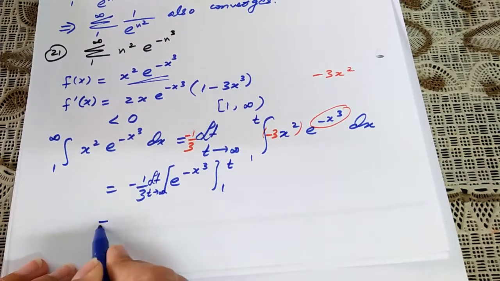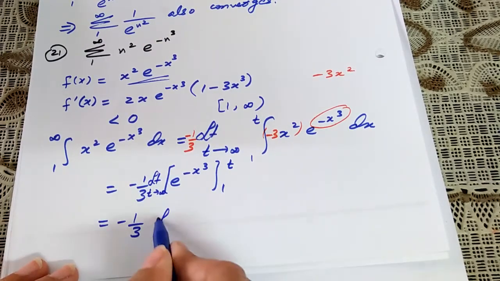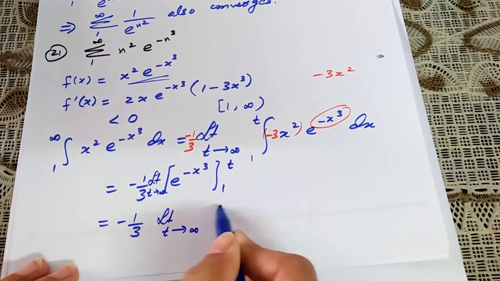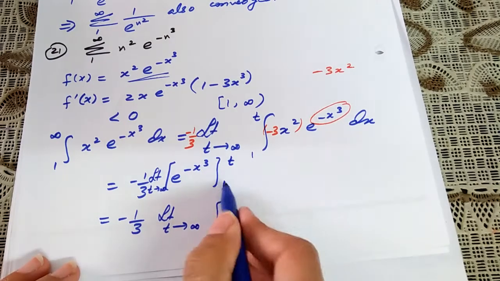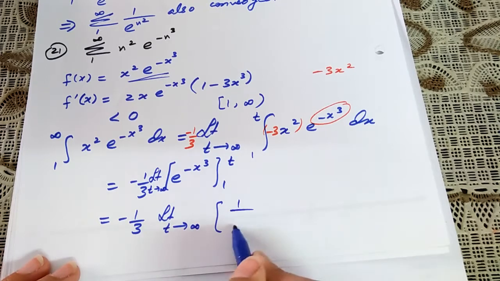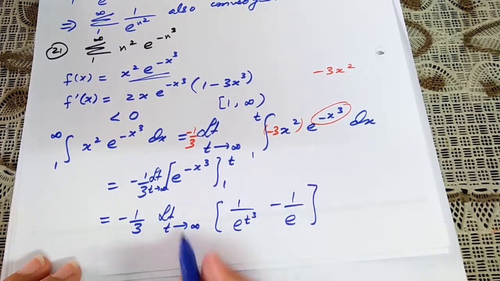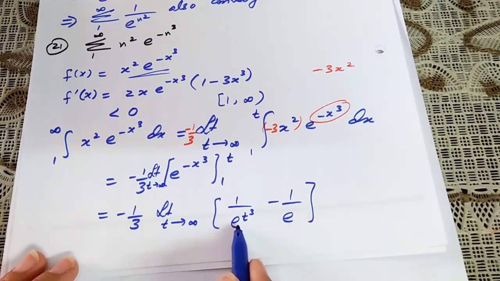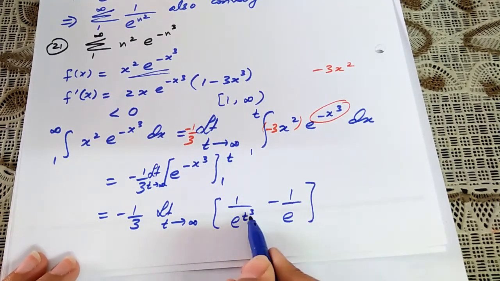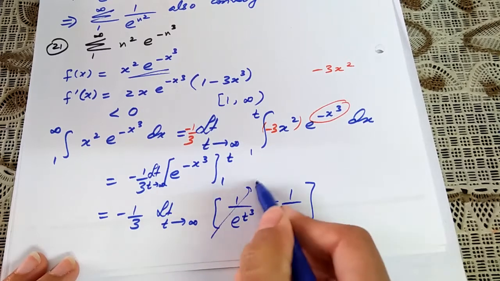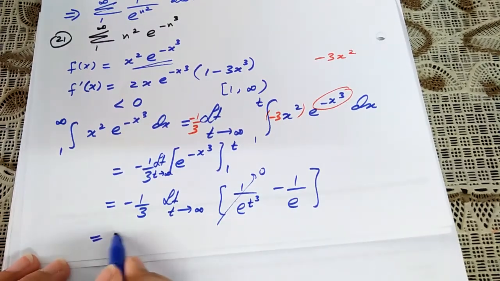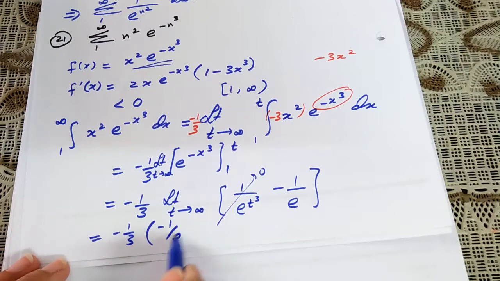So this becomes minus 1 over 3 limit t approaches infinity. First put the upper limit and then the lower limit. You will get 1 over e raised to power t cube minus 1 over e. Now if you put the limit t approaches infinity, e raised to power infinity will be infinity and 1 over infinity goes to 0. So you will be left with only minus 1 over 3 into minus 1 over e.